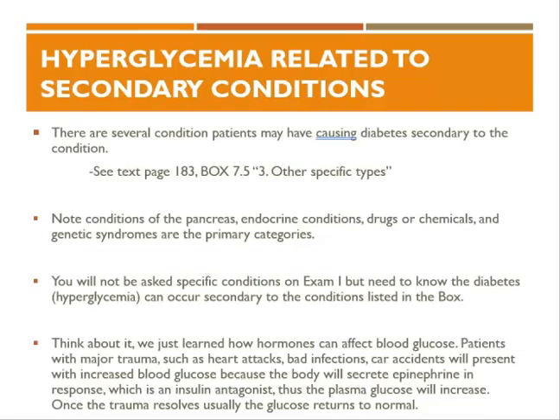Epinephrine is an insulin antagonist, thus the plasma glucose will increase when epinephrine is involved because it's the fight or flight hormone. Because that patient is in the event of a trauma, there is going to be an increase in glucose, but once the trauma is resolved, the glucose should return to normal. So that's just a think-about-it situation where there could be a short-term hyperglycemic event.